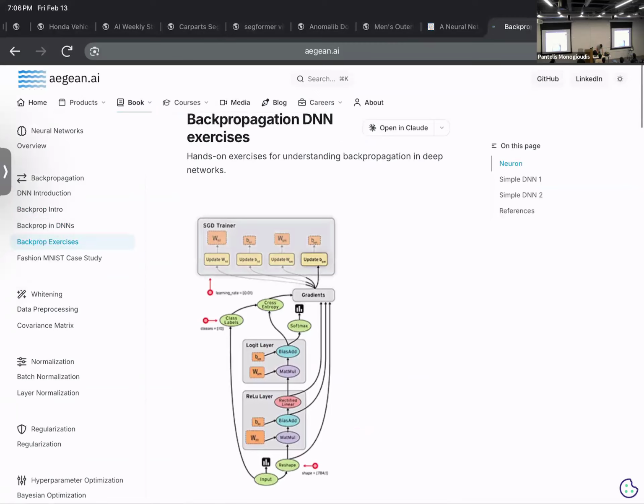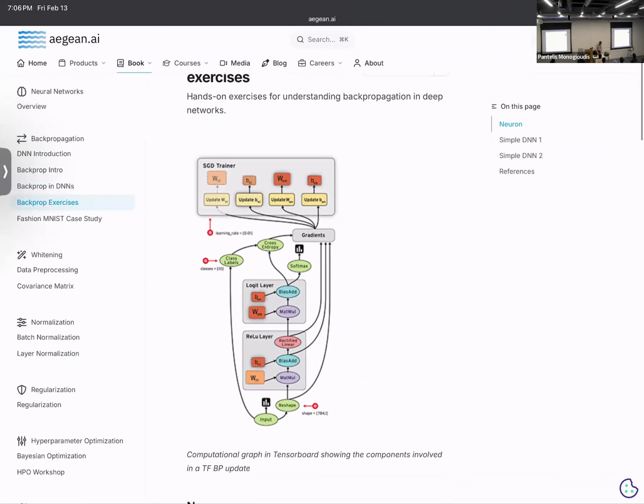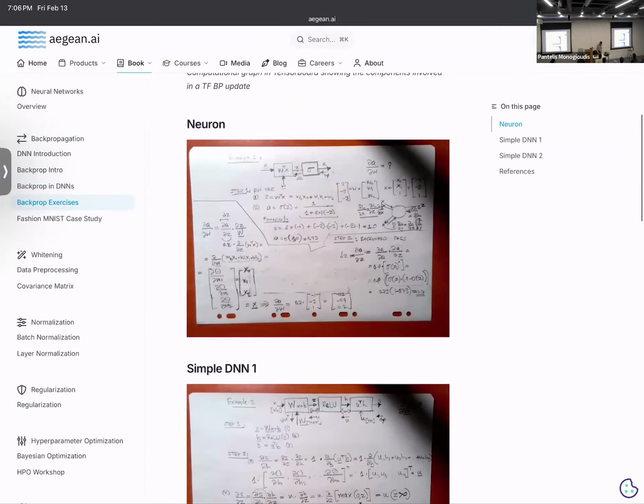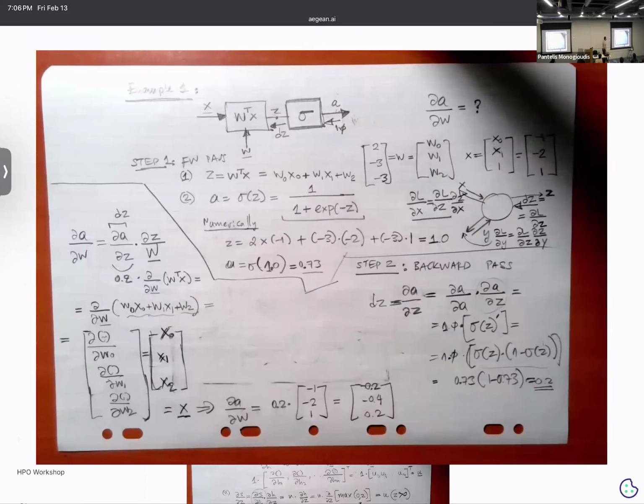Okay. Over here, to close the discussion a little bit, I have some exercises on, let's say, backpropagating a single neuron. It looks horrible, and it is. Well, I'm joking, or it's not.